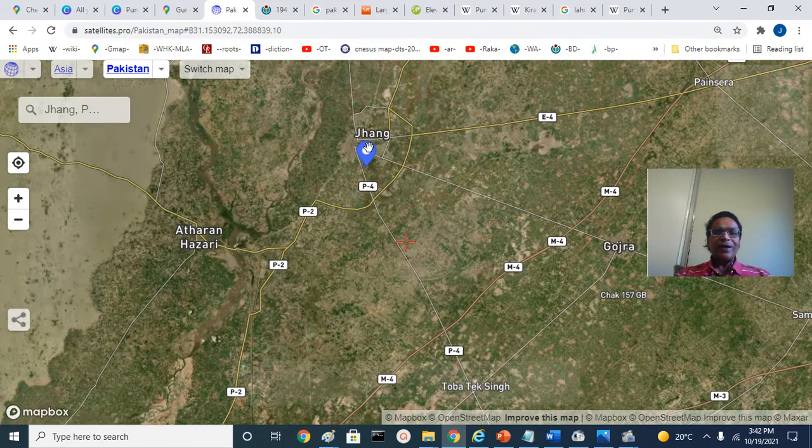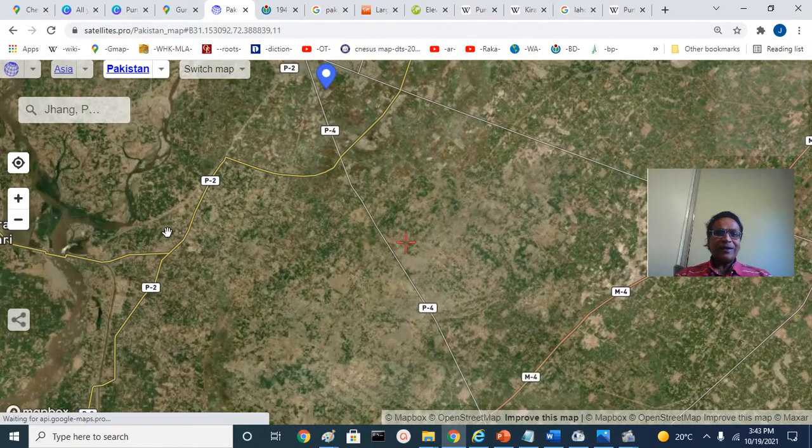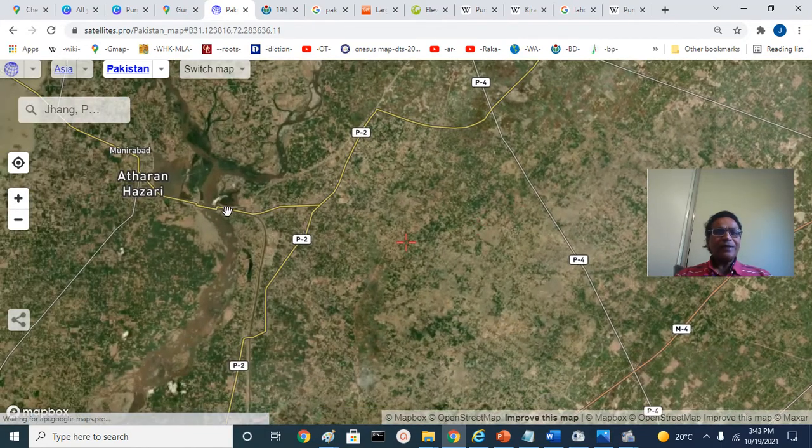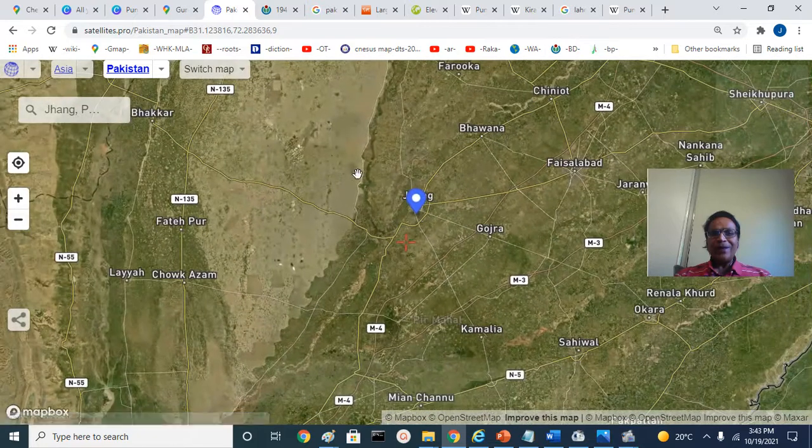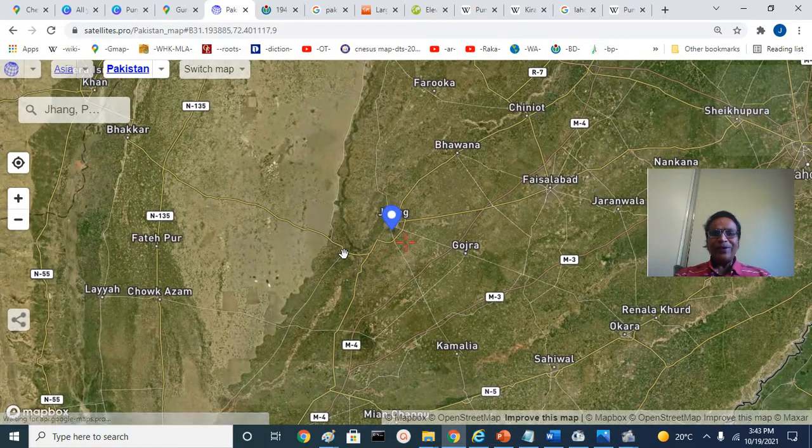So the termination point or merging point or mouth of the Jhelum river, we can say Jhang or Athara Hazari. Also there is a small place called Sarai Sidhu, and also there is a dam here. The dam is called Trimmu or Emerson Dam. So that is the story of River Jhelum.